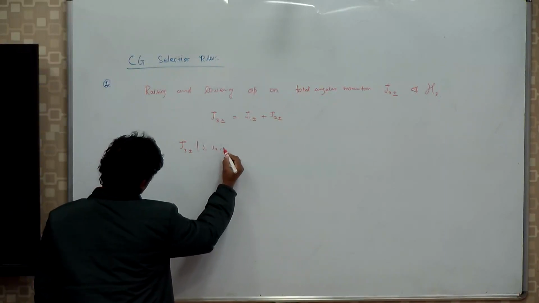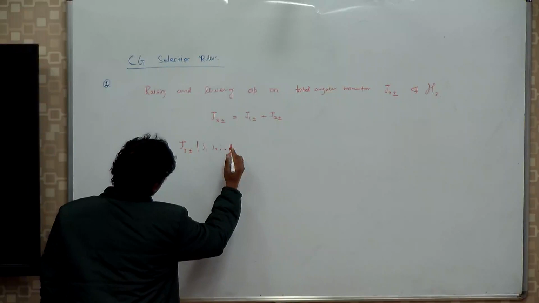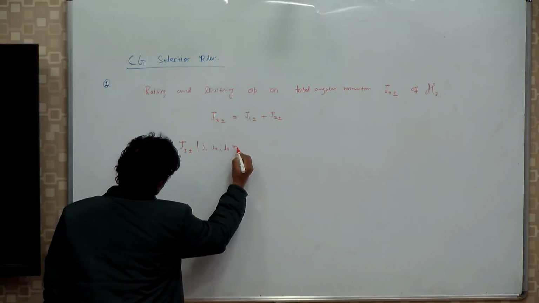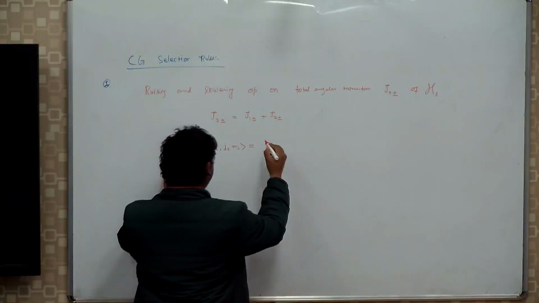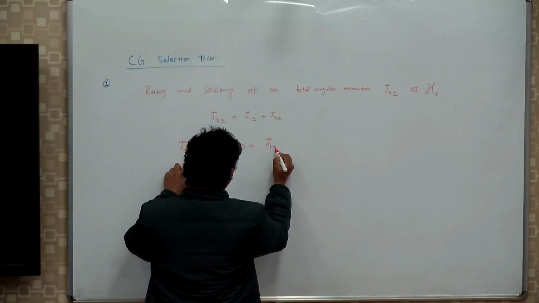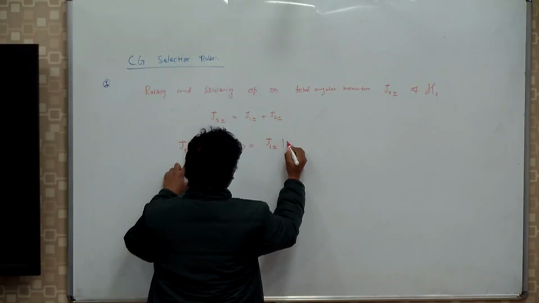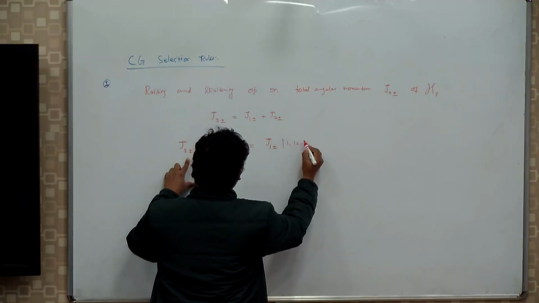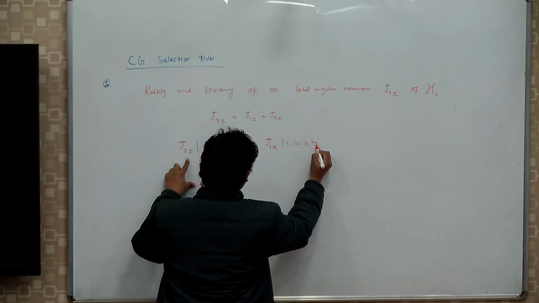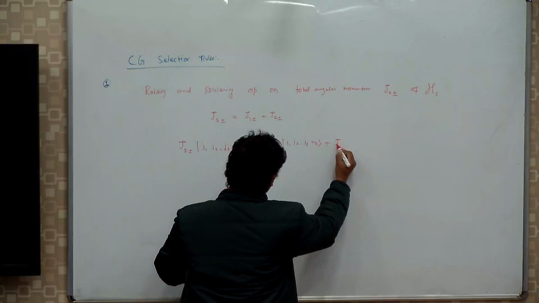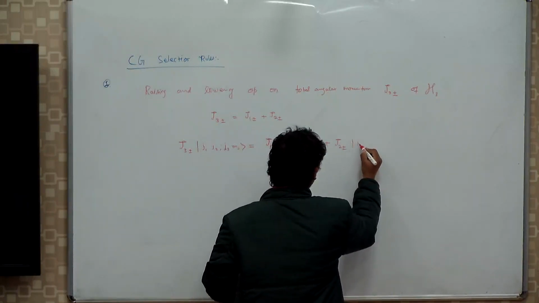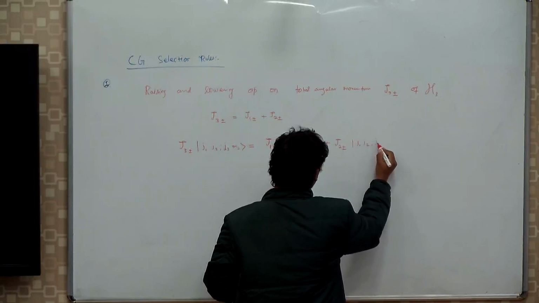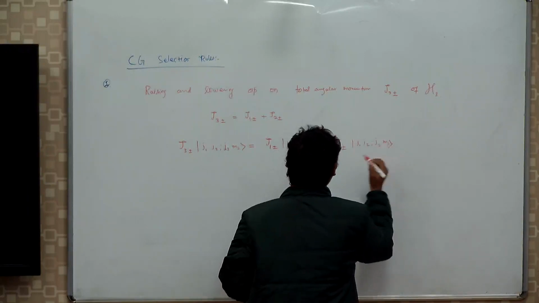J3 plus minus |J1 J2 J3 M3> is equal to J1 plus minus |J1 J2 J3 M3> plus J2 plus minus |J1 J2 J3 M3>.